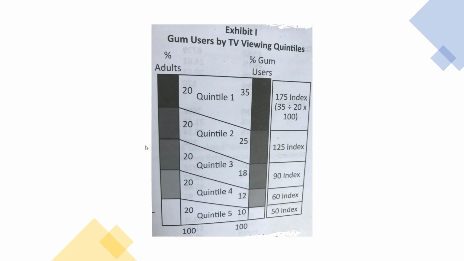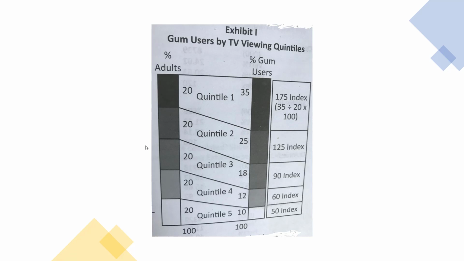Quantile 1 is 20% of TV viewers, and how many percent of adults use gum? 35%. That's very good. 35% of quantile 1 TV viewers use gum. So this is a very good quantile for us to see. In other words, if you want to target gum users, television would be a very good medium to use.